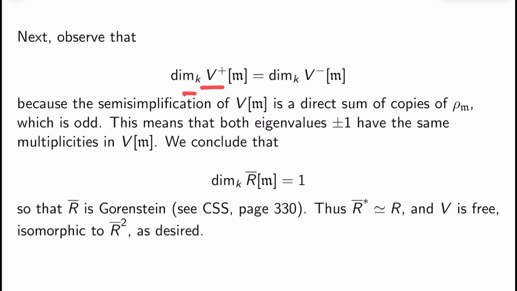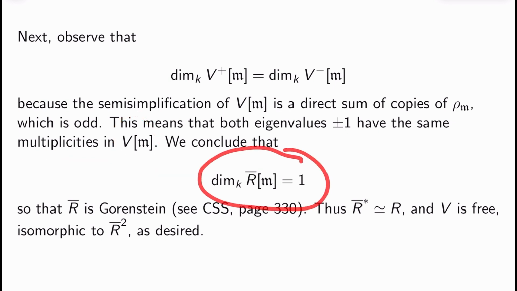The k-dimension of V^+[m] is the k-dimension of V^−[m]. The reason for that is because the semi-simplification of V[m] is a direct sum of copies of ρ_m, which is an odd representation. This means that both eigenvalues plus or minus 1 have the same multiplicities in V[m].